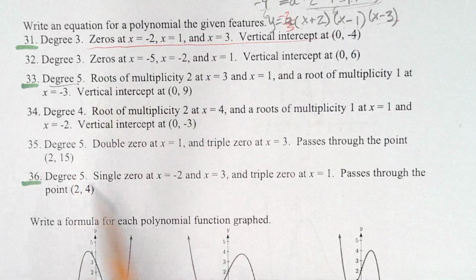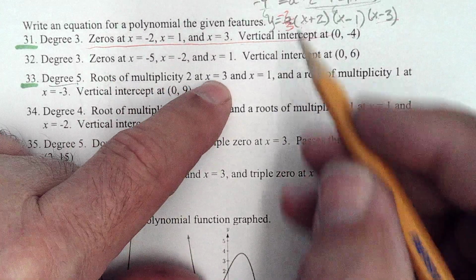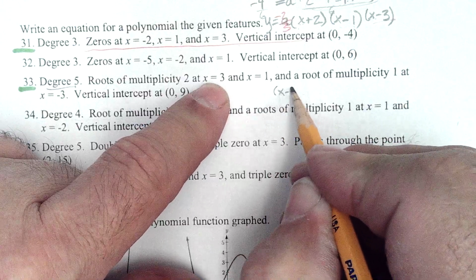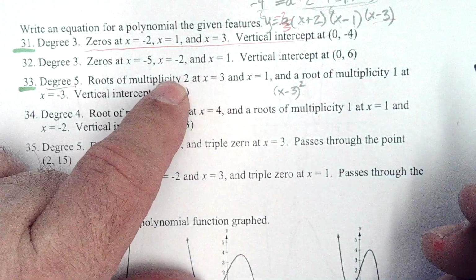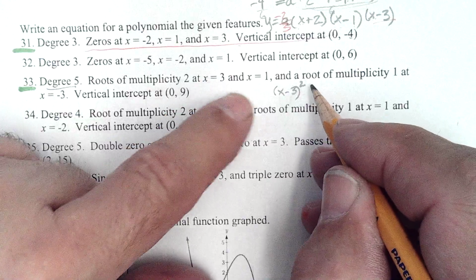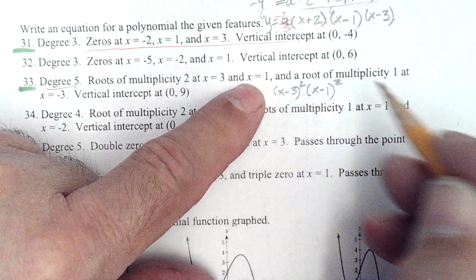Now I've got to have 5 factors. Multiplicity of 2 at 3, so x minus 3 squared. Multiplicity 2, so it's squared. And at 1, so it's x minus 1 squared.